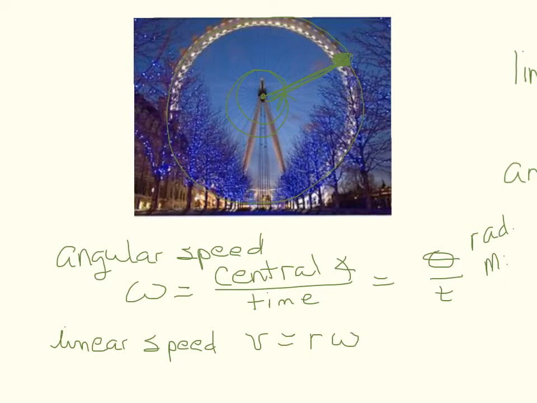We could think of it as the intercepted arc length over time, but when we're actually calculating it, this is the formula you want to use. The radius times the angular speed gives us linear speed. Remember, angular speed always has to be in radian measure.